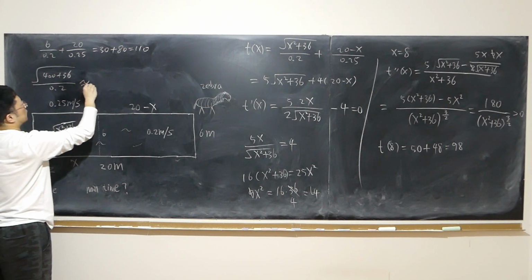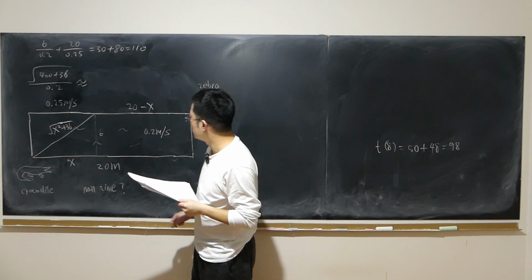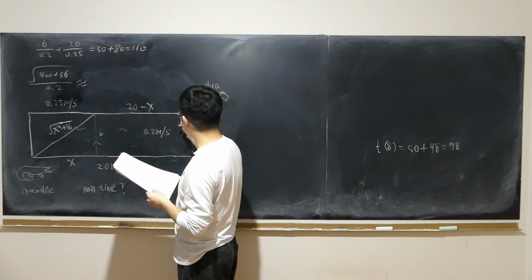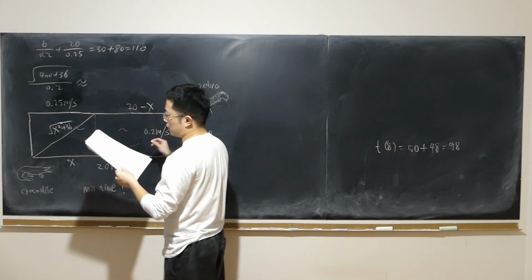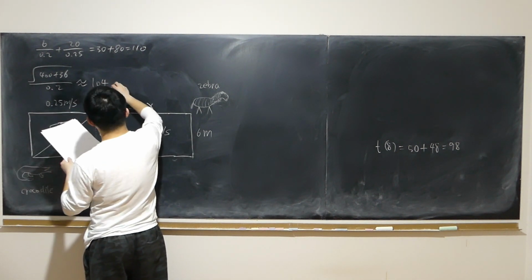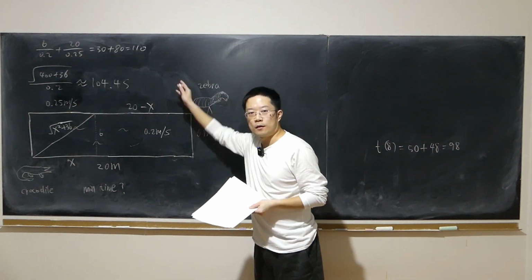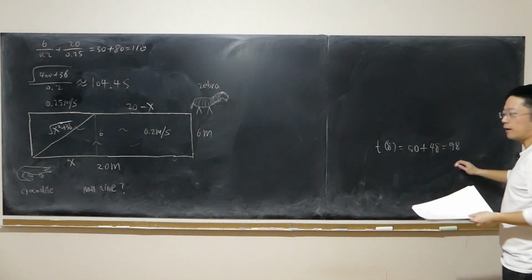So the time taken to travel only in the river, with 0 meters on the land, will be approximately 104.4 seconds. Both of them are longer than the 98 seconds.